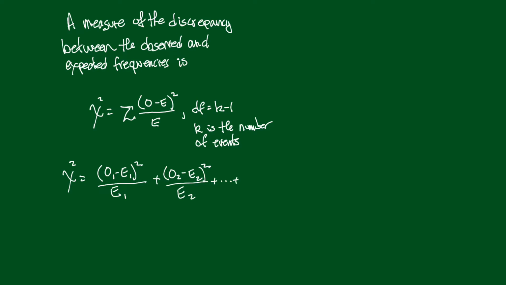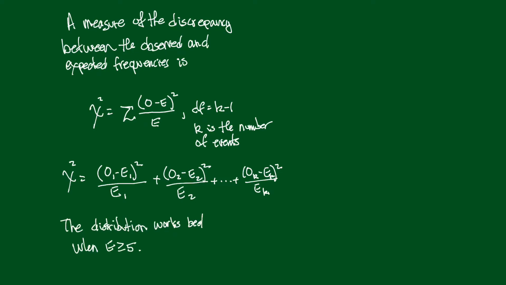You just run them through all k events, O sub k minus E sub k squared, all over E sub k. And just one thing to note here is that this distribution works best when the expected number is greater than or equal to 5. So the expected number in each case has to be at least 5.